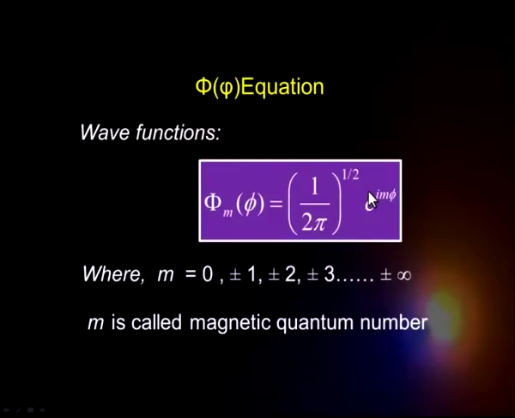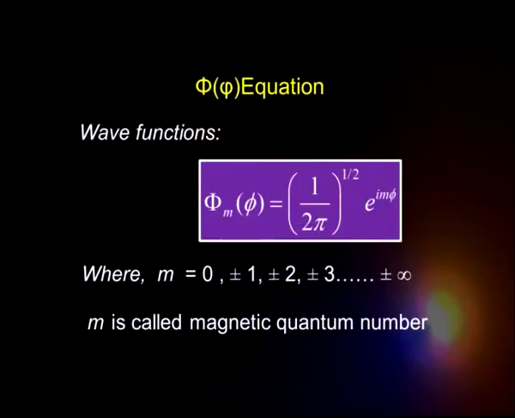So I get a series of functions when I substitute this value of m into the generalized equation I got in the process of solving the phi equation. So I'm getting an infinite number of solutions. Most importantly, the outcome is two things: one, a series of wave functions, and two, a quantum number called the magnetic quantum number, whose values are 0, plus minus 1, and so on up to plus minus infinity.